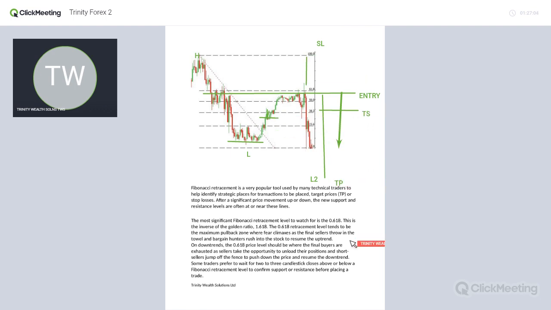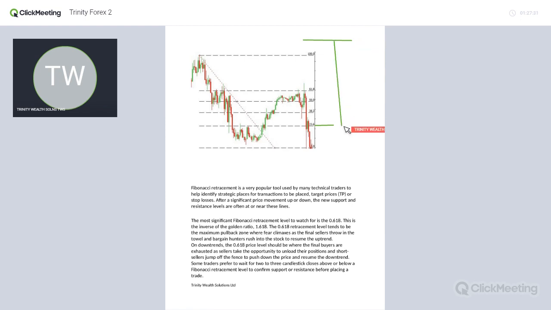All right. So that's how we enter. We work with Fibonacci ratios. Although we have this ratio 23.6, sorry. So we have 23.6. But personally, I don't take trades at 23.6 because the risk-reward ratio is not worth it.